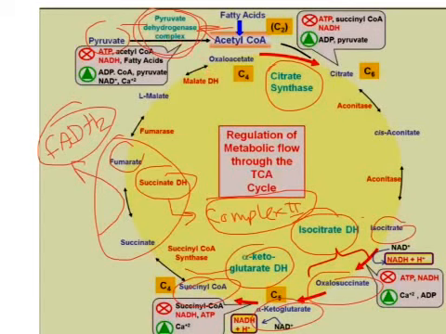And we'll also look at using different intermediates from the citric acid cycle for the biosynthesis of other molecules rather than for the production of CO2 alone. The main take-home point is that the TCA is used to provide electron equivalents for the electron transport chain.